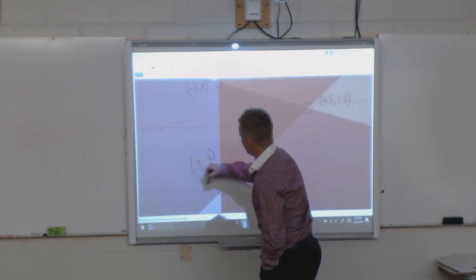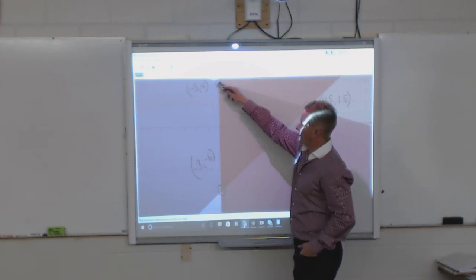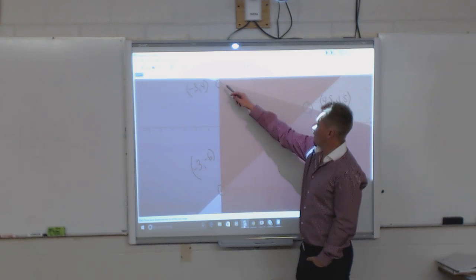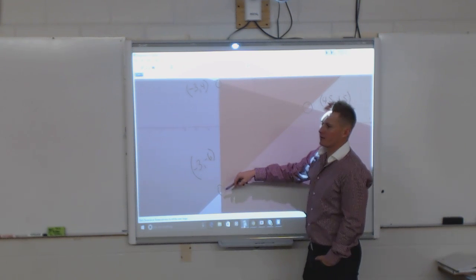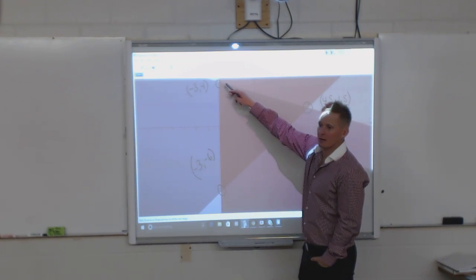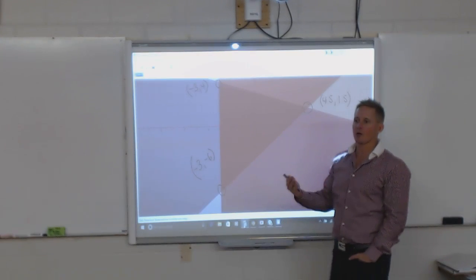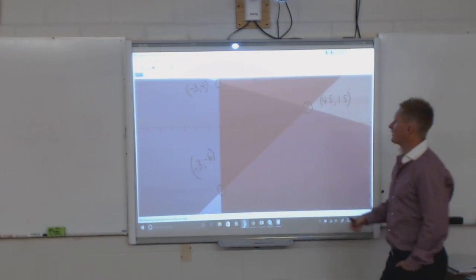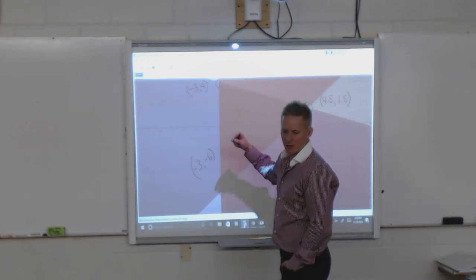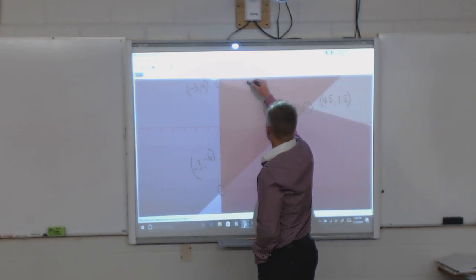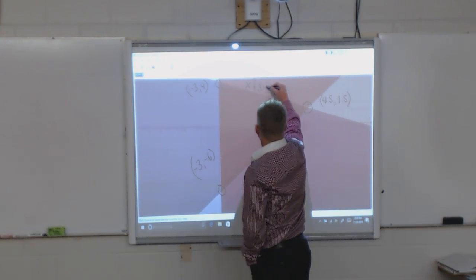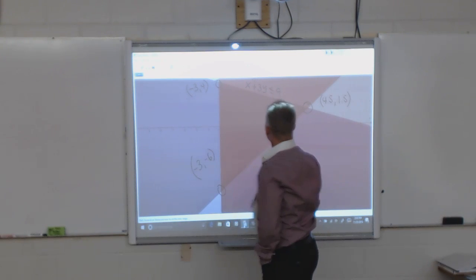These two are fairly straightforward because I know that they're going through negative 3. But we have to talk about how I find out where they intersect. What's the equation of that first line? It was x plus 3y is equal to 9, correct?